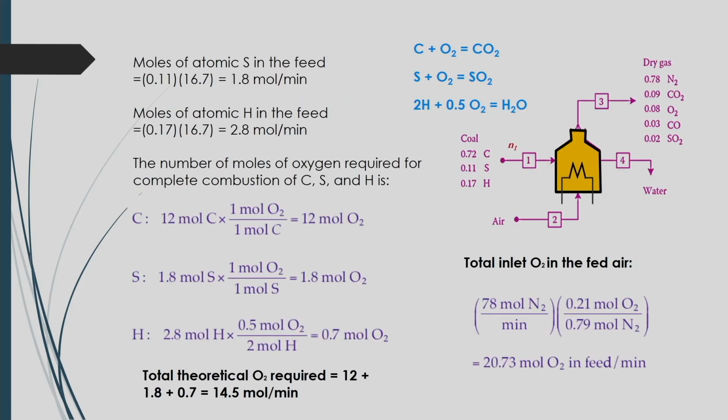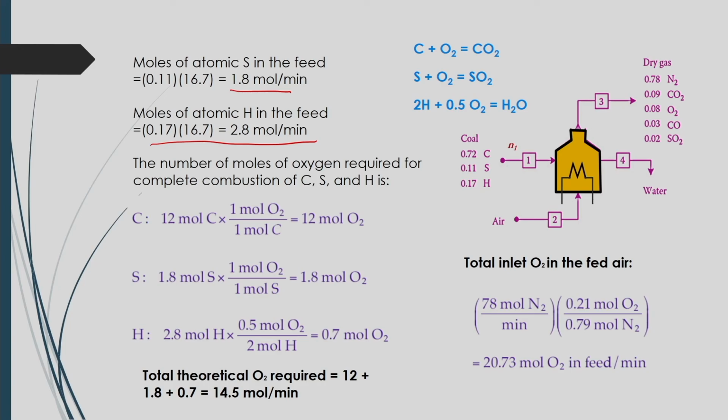And after that if you do the atomic sulfur balance, then you can say that the moles of atomic sulfur in the feed will be equal to 1.8 mole per minute, and moles of atomic hydrogen in the feed will be equal to 2.8 mole per minute.